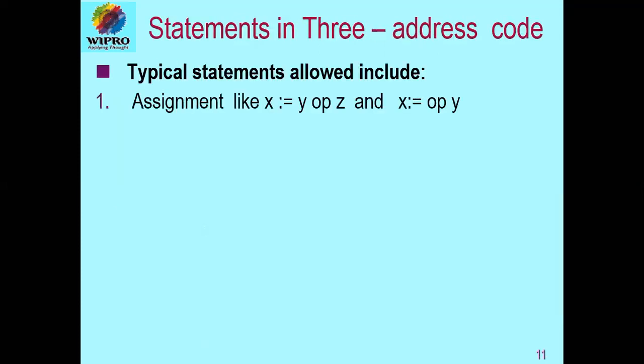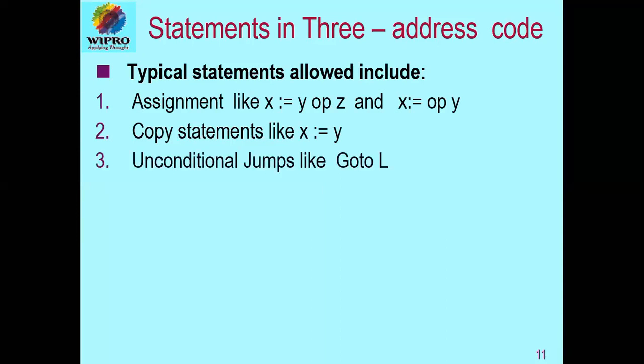Typical statements allowed include these. Just have a look, but I don't think we can grasp the complete picture of the three address code representation through this. We'll do that separately. We have something like x is equal to y operations, which we can represent using three address code, and a copy statement can be represented.